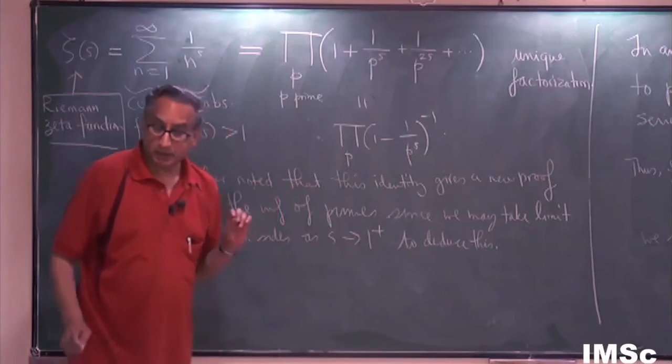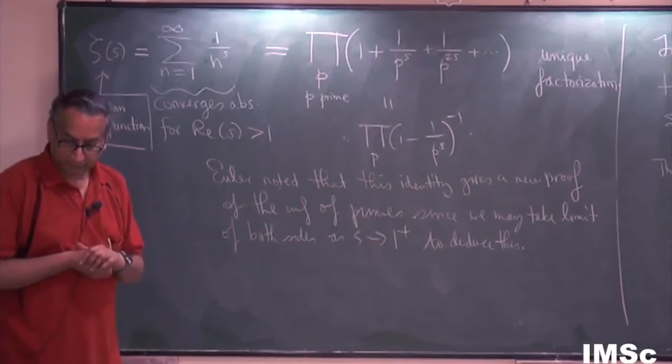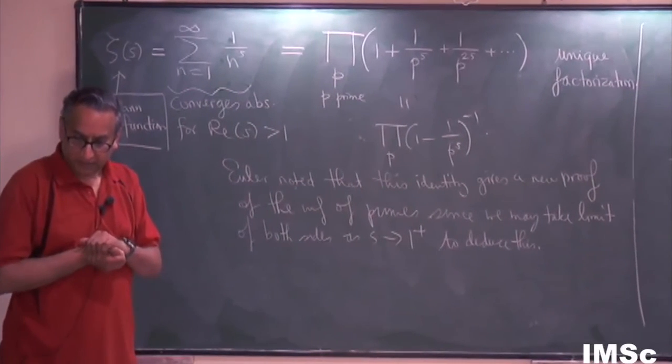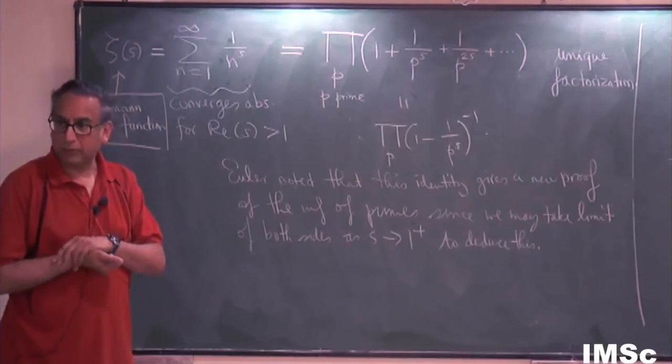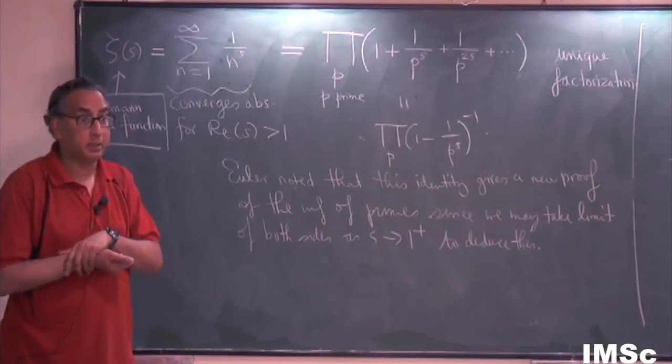In fact, this observation, trivial as it looks, is at the heart of Dirichlet's proof of the infinitude of primes in arithmetic progressions.